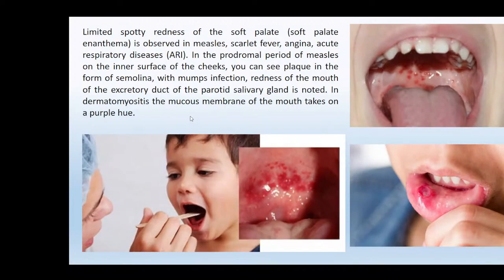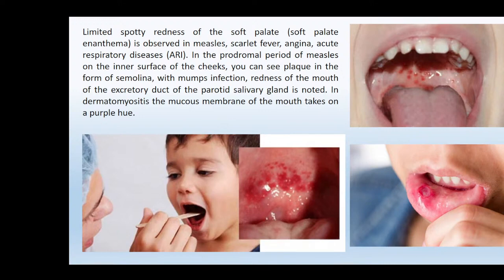Limited spot redness of the soft palate is called enanthema. It's observed in measles, scarlet fever, angina, acute respiratory diseases. In the prodromal period of measles, on the inner surface of the cheeks, you can see plaque in the form of semolina.